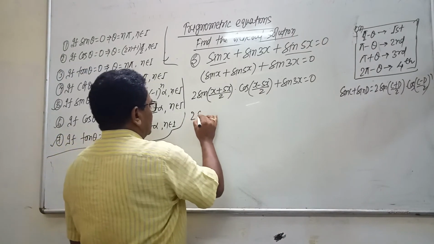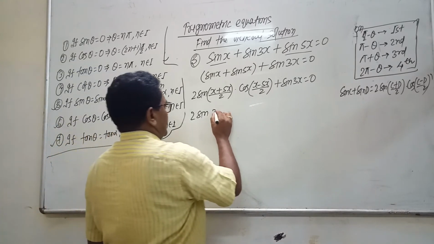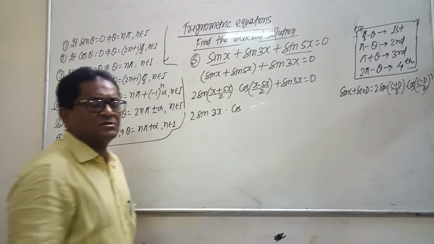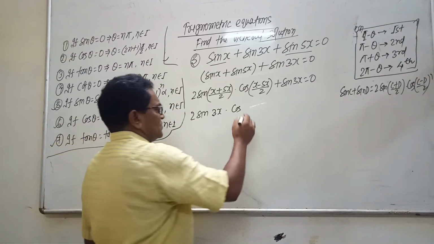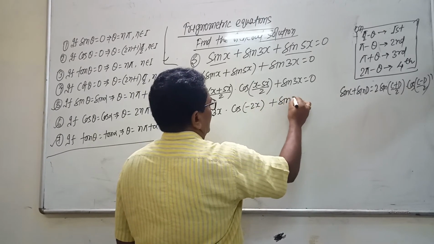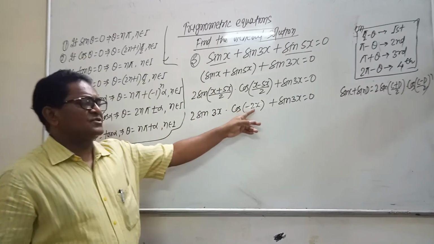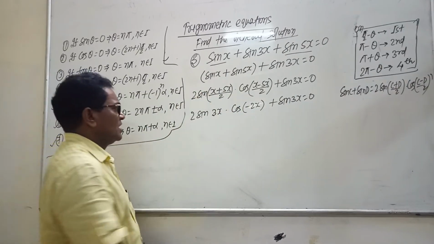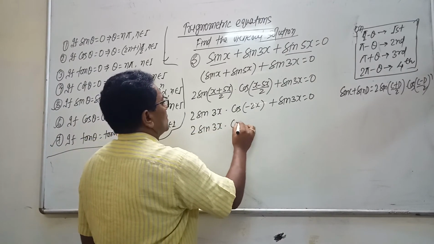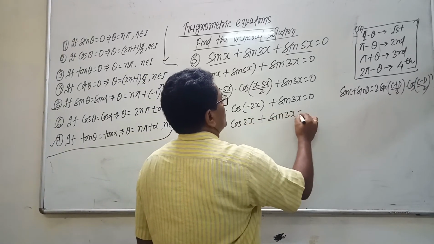Now 2 sin (x plus 5x), that is 6x by 2, gives 3x, into cos (x minus 5x), which is minus 4x by 2, minus 2x, plus sin 3x equals 0. We know cos of minus theta equals cos theta. So this becomes 2 sin 3x into cos 2x plus sin 3x equals 0.